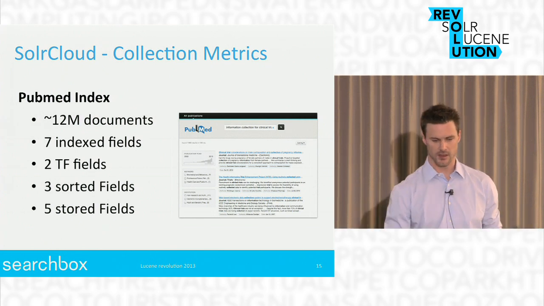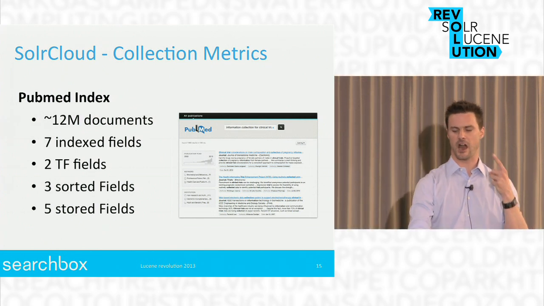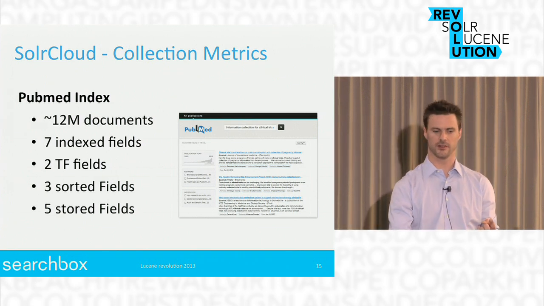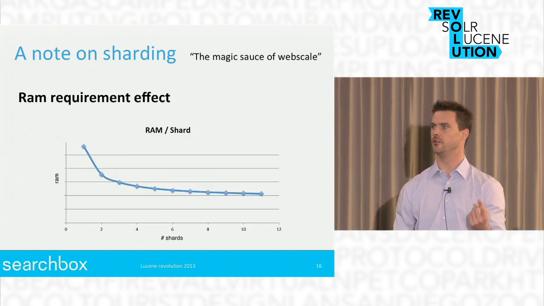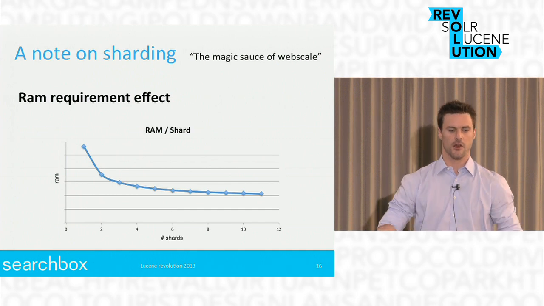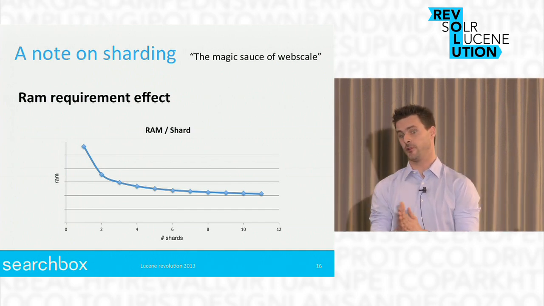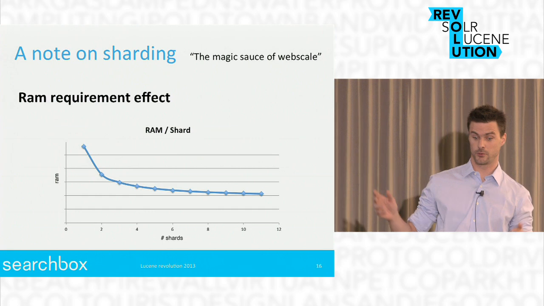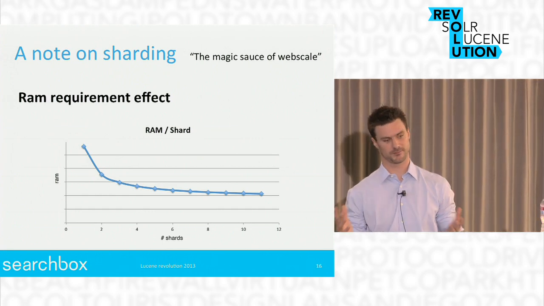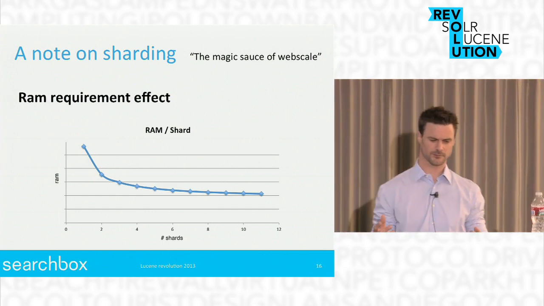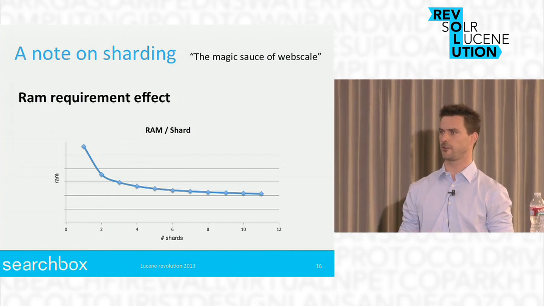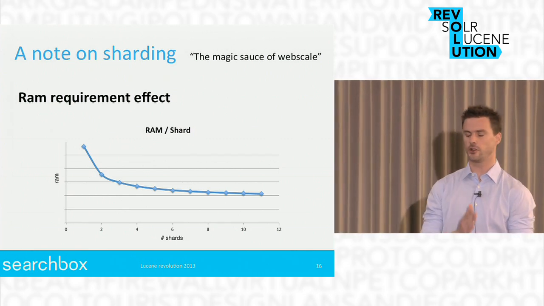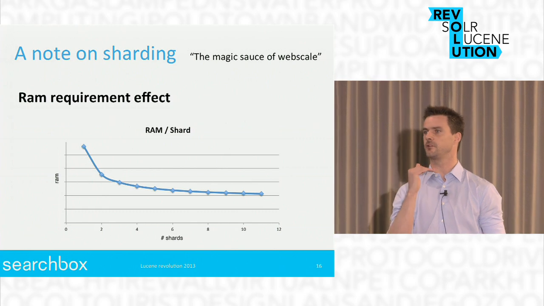All right. Now, one thing about that index: how do we materialize it into the cloud? Well, a small note about sharding. Sharding is, quote unquote, the magic sauce of web scale. Well, yes and no. Let's look at the RAM requirement for a shard. If you're running 1 shard, you have X amount of RAM requirement.